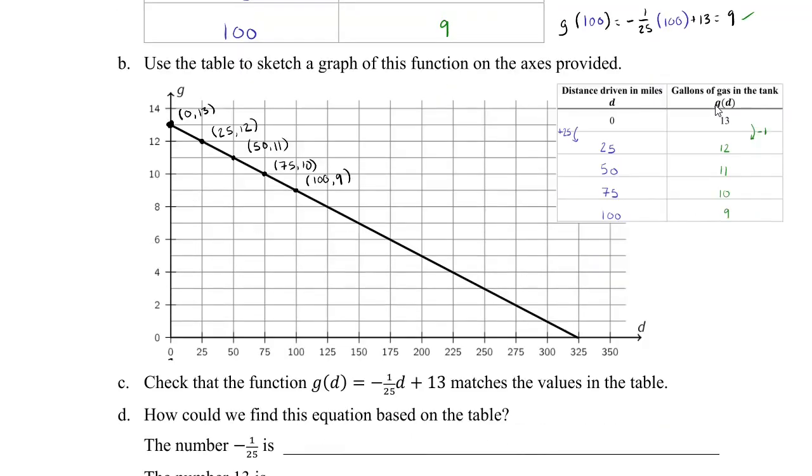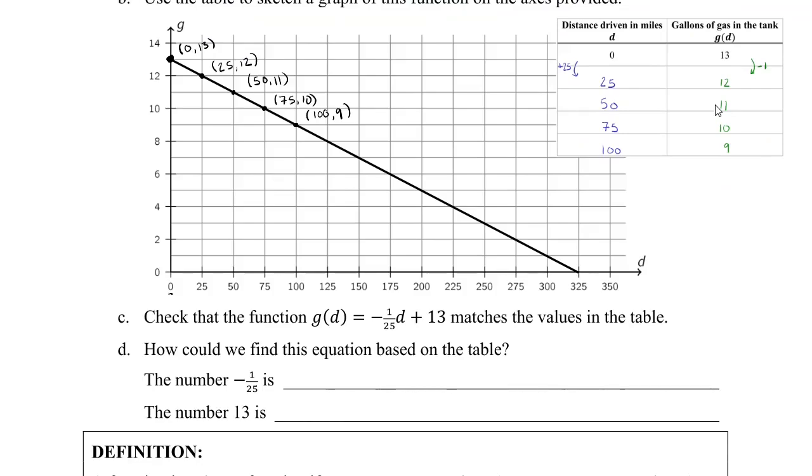Now let's think about where we could find the negative 1/25 and the 13. Negative 1/25: notice every time we went down a row, g decreased by 1 and d increased by 25.